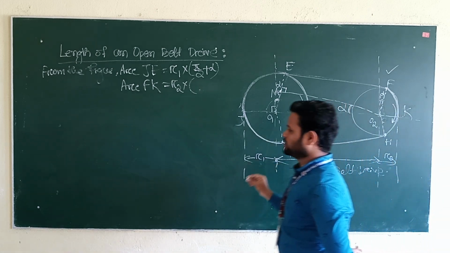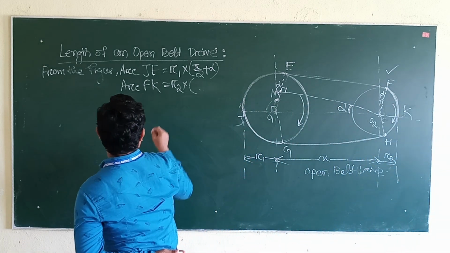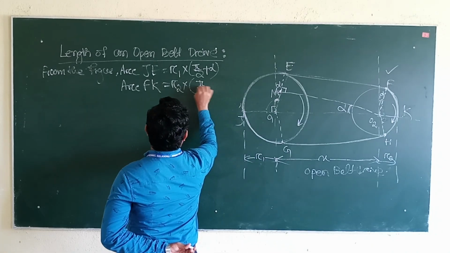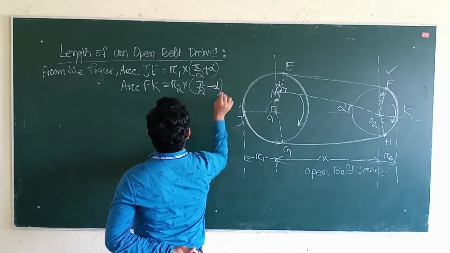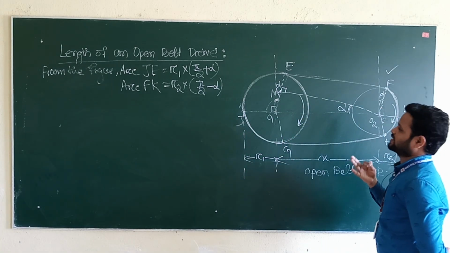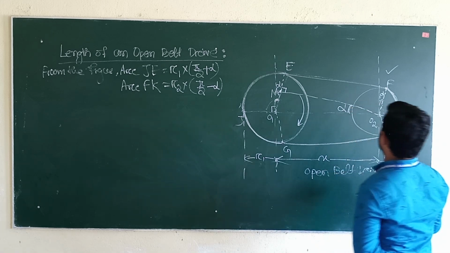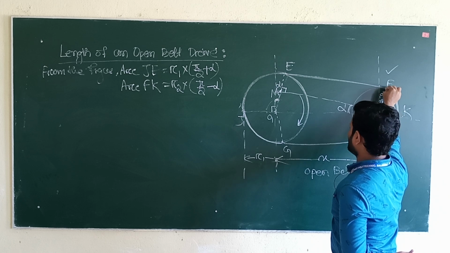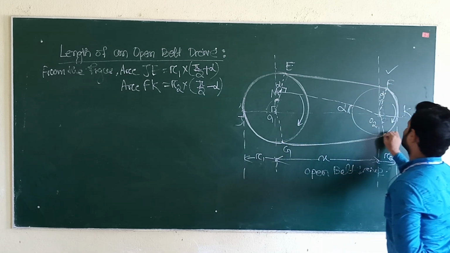So if we subtract, 90 minus alpha, we will get the angle FO2K, that is pi by 2 minus alpha. So we will find out the two values, that is arc JE and arc FK. Now we will calculate the length of EF and the length of GH.